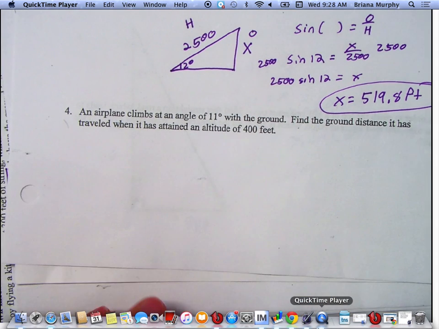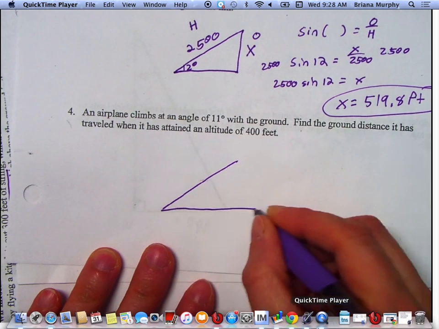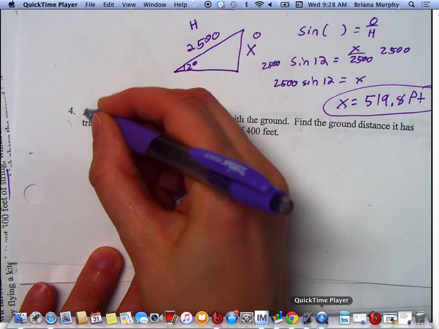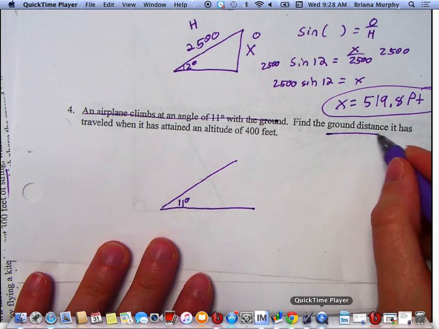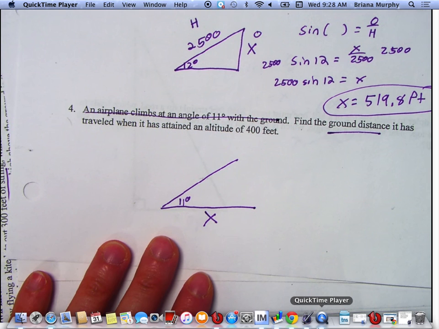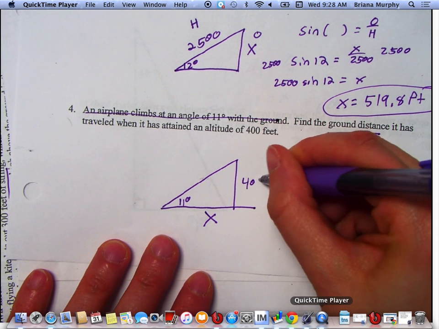Okay. So an airplane climbs at an angle of 11 degrees with the ground. See, I finished that sentence. Find the ground distance. That's my x. It has traveled when it has attained an altitude. Altitude means height of 400 feet.